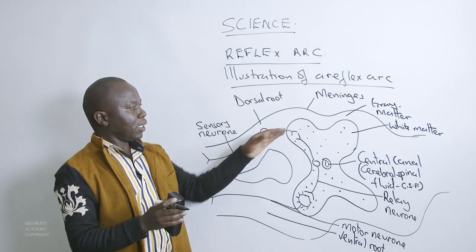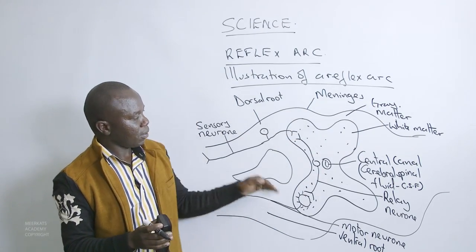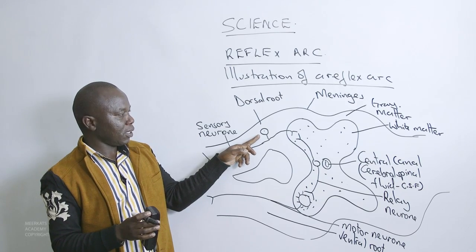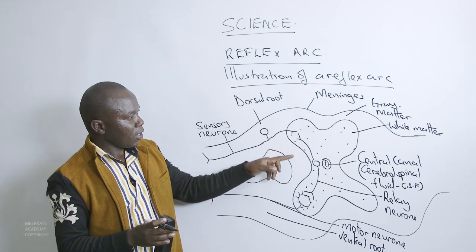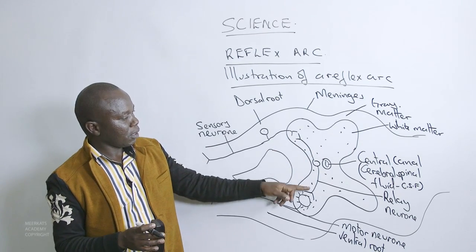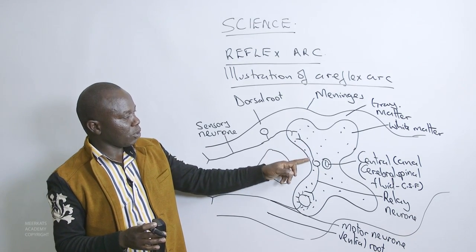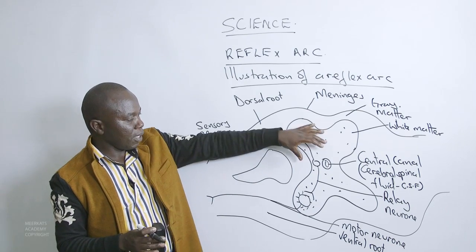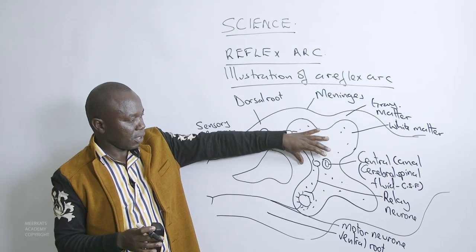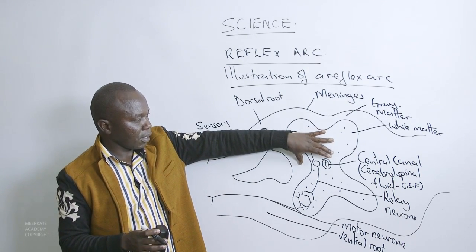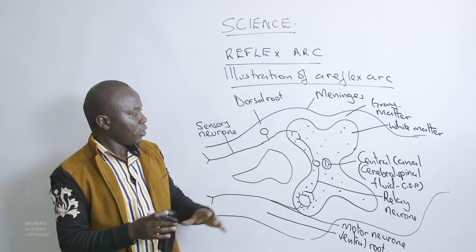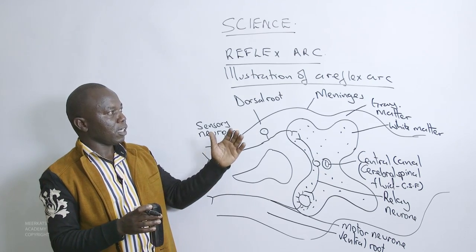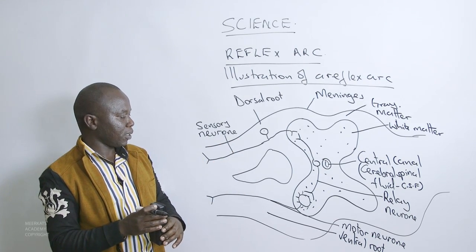So the gray matter is usually found outside because of numerous cell bodies. But for the white matter, this is due to the presence of very many relay neurons that are found inside this H-shaped structure. So let us look at how the reflex arc itself happens.